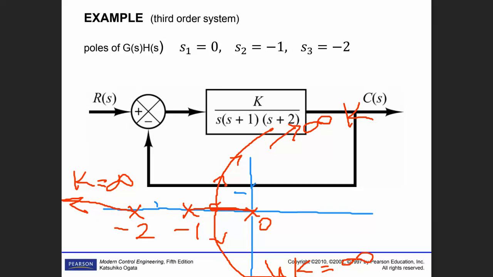And of course, which one is the best value for you? The best value is most likely, let's draw with green again, this value of K. One of them here, one here, S1, S2, and one also here, of course, going like this, S3.